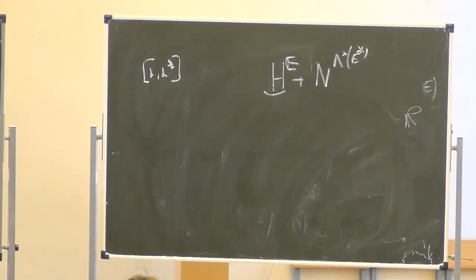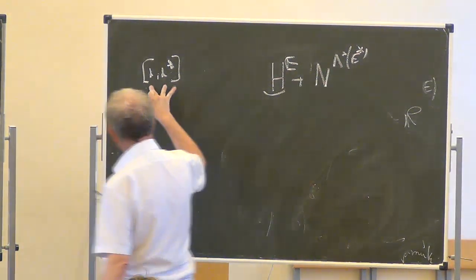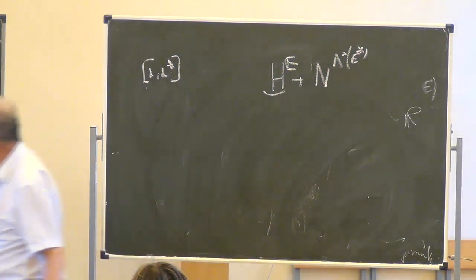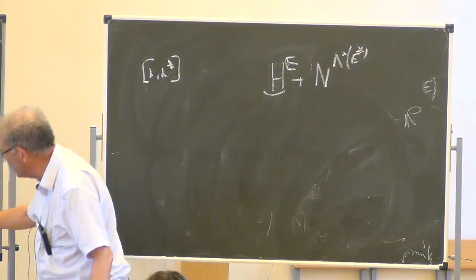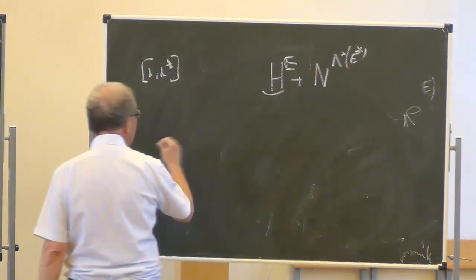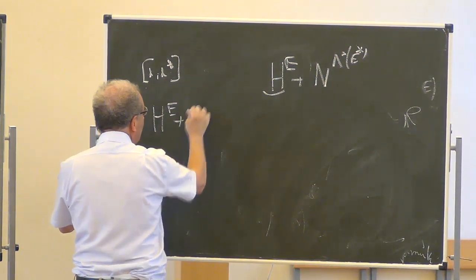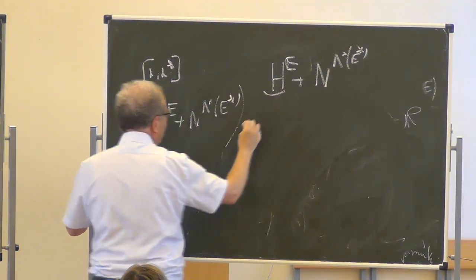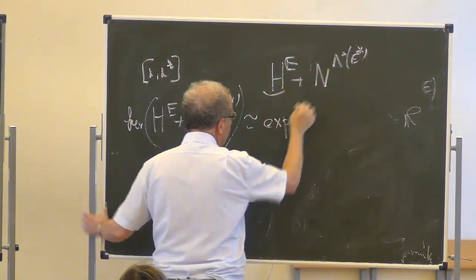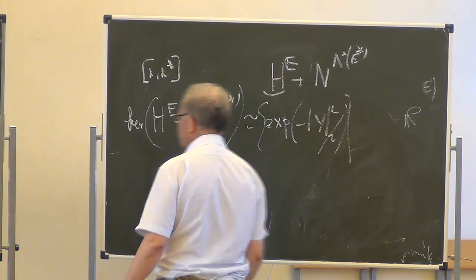Okay, so this means that now, in effect, the point of this is that because we know the cohomology of this complex, it is a resolution of the constants, we also know the cohomology of this complex on this side here. In particular, what we find is that the kernel of HE plus n on lambda of E star is one-dimensional and generated by the Gaussian function.